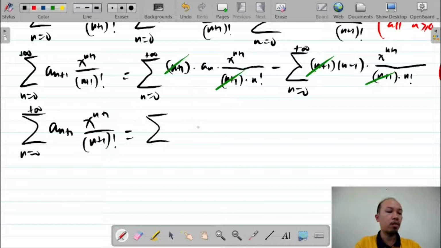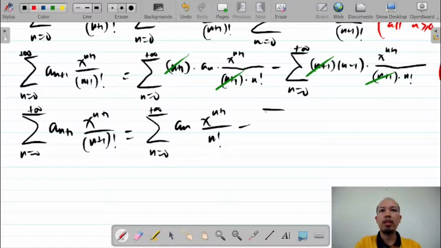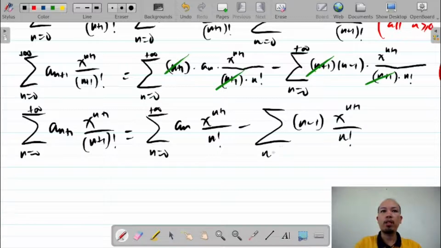So this will become the summation of a sub n x to the n plus 1 over n factorial, n starts from 0 to positive infinity, minus the summation of n minus 1 x to the n plus 1 over n factorial, n starts from 0 to positive infinity.